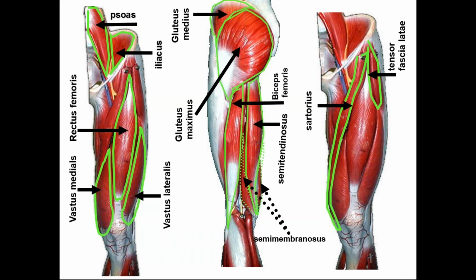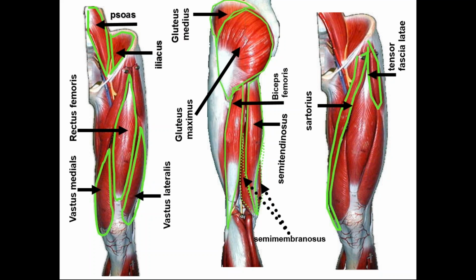Here I have a quick review of the knee extensors, the vastus medialis, rectus femoris, and vastus lateralis, which are grouped as the quadriceps, and then the biceps femoris, semitendinosus and semimembranosus that are considered as the hamstring.